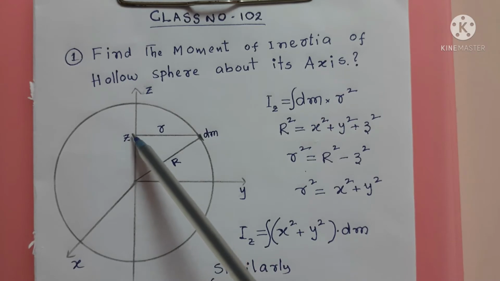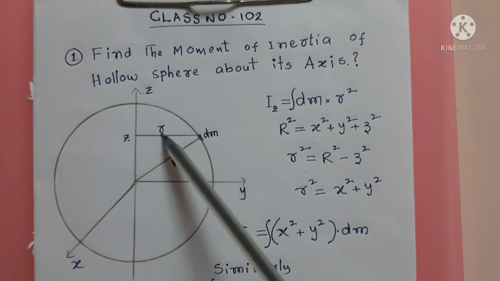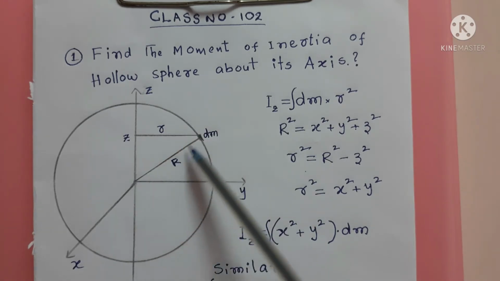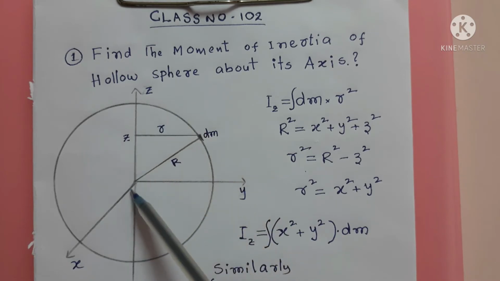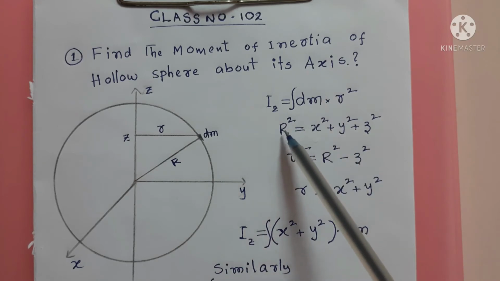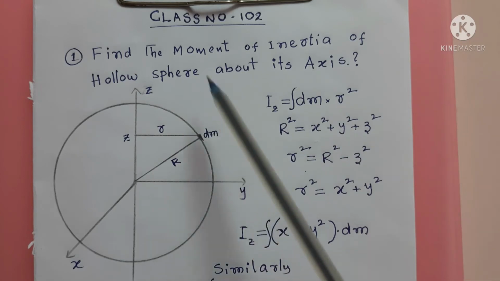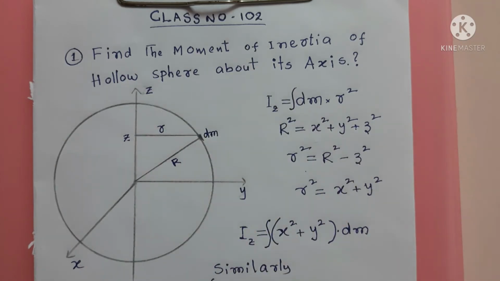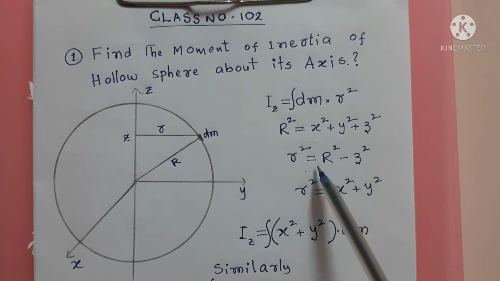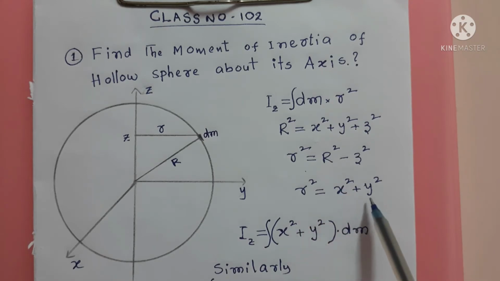So from here to here is z, and from here to here is capital R. You can find this small r from the Pythagoras theorem: capital R square equals small r square plus z square. Capital R square is nothing but x square plus y square plus z square, that is the radius of the sphere. Small r square equals capital R square minus z square, so small r square equals x square plus y square.